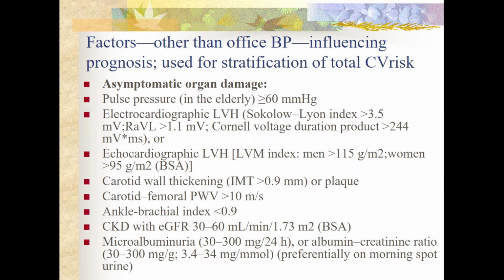Chronic kidney disease with glomerular filtration rate of 30 to 60 milliliters per minute. Microalbuminuria from 30 to 300 milligram per 24 hours, or albumin creatinine ratio, preferentially on morning spot urine.